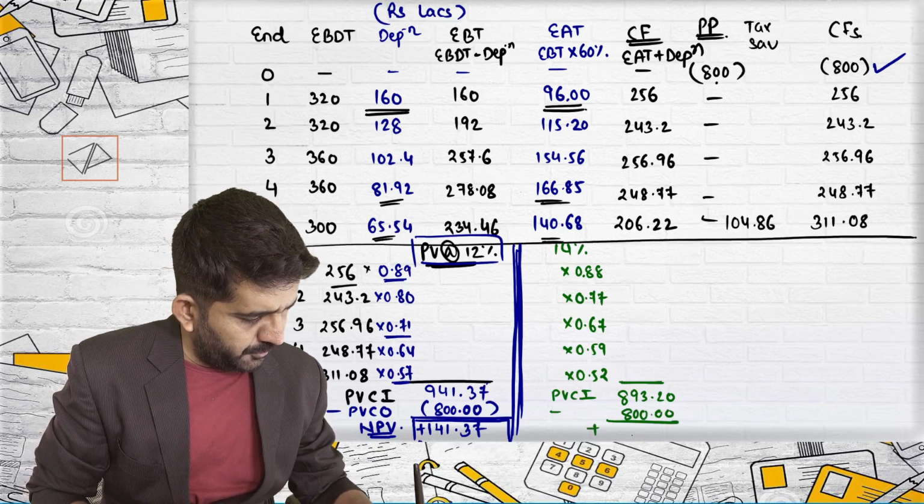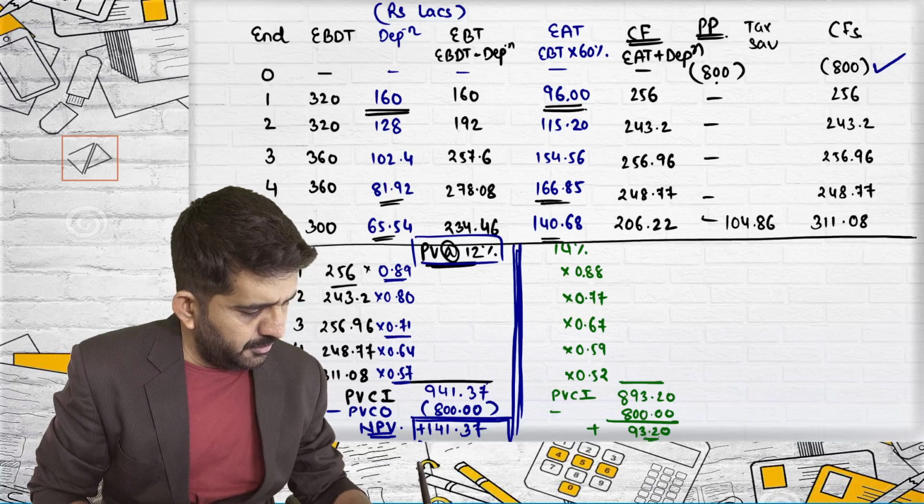So here also it is positive, not important for us. 93.20.